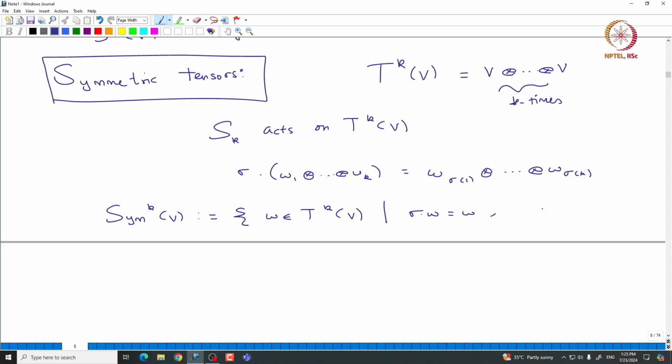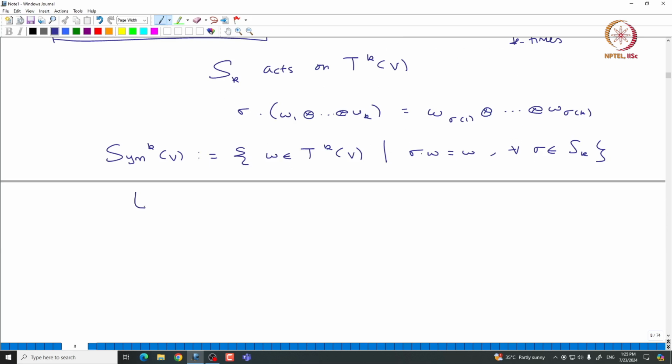That means, when you apply sigma, W becomes invariant. So, sigma W equals W for all sigma in Sk. This is indeed the set that we are interested in. That is the symmetric tensor actually. This is called symmetric k-tensors.